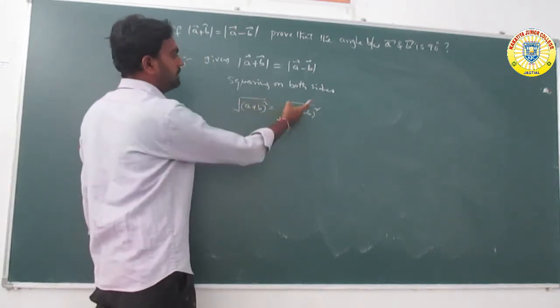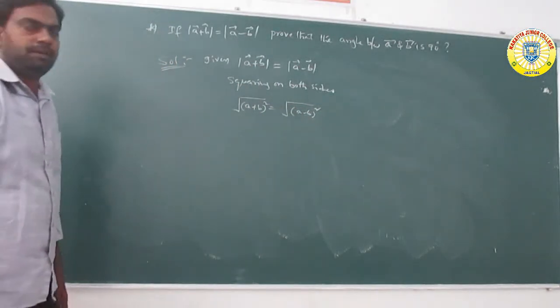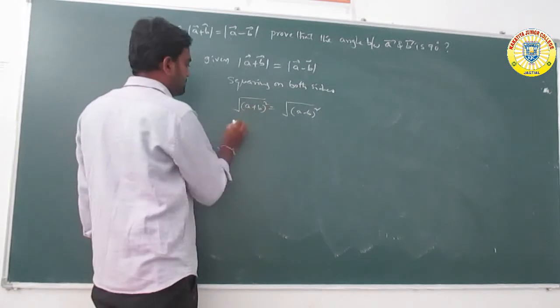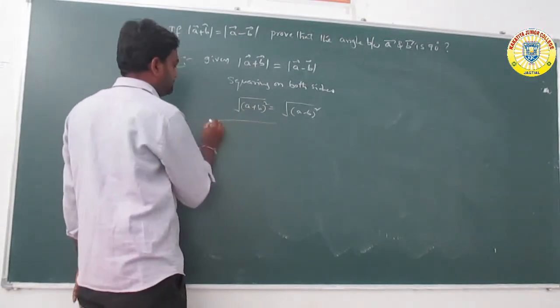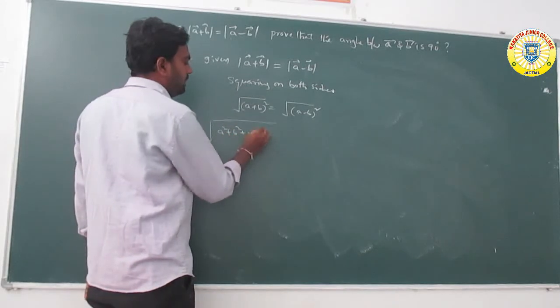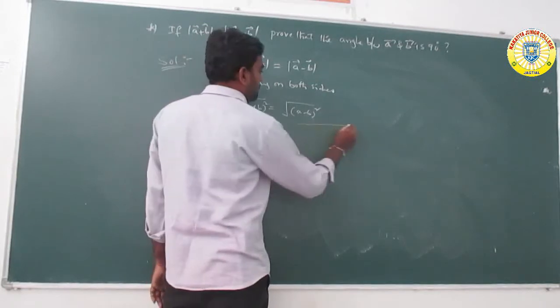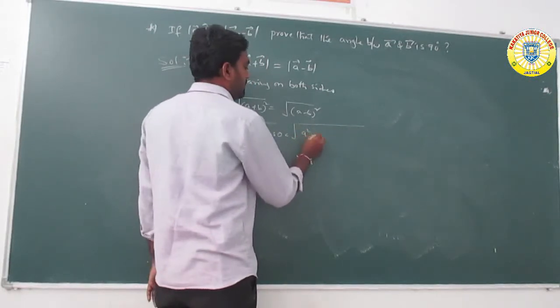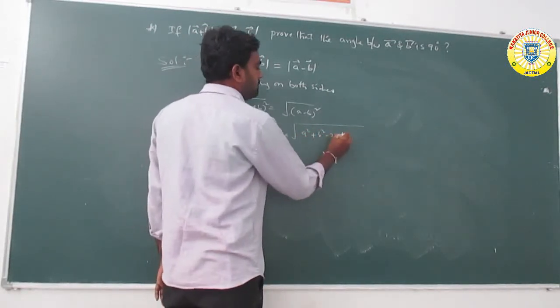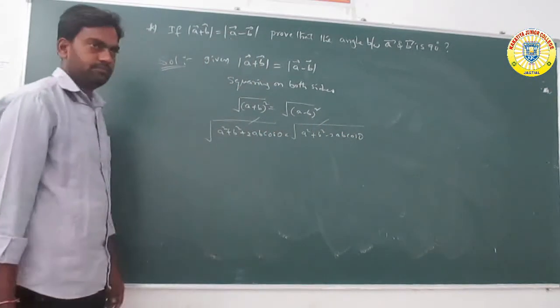The square and root cancel, so remaining is A plus B equal to A minus B. So A plus B is under root of A square plus B square plus 2AB cos theta, and A minus B is under root of A square plus B square minus 2AB cos theta. The roots are cancelled.